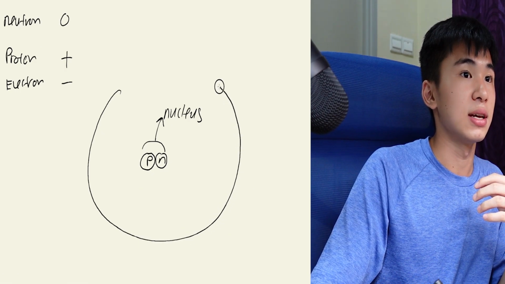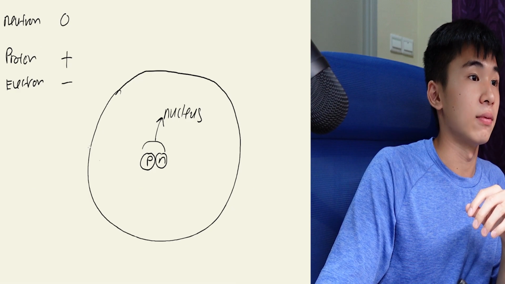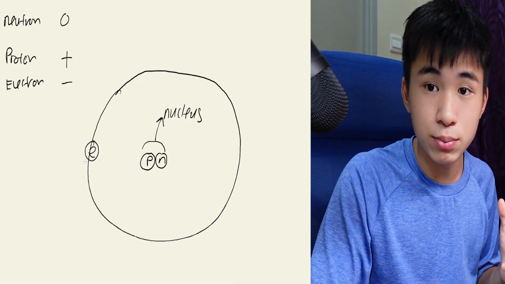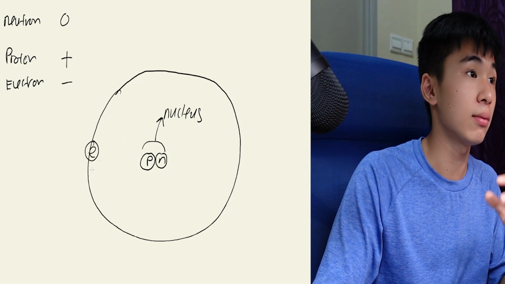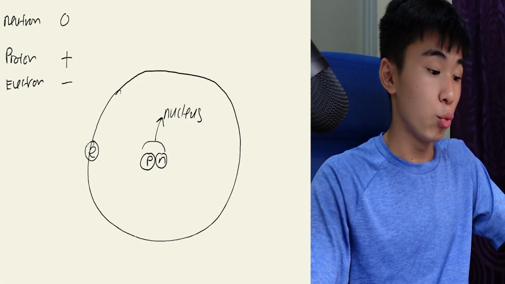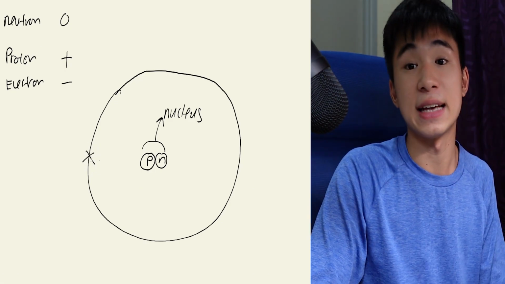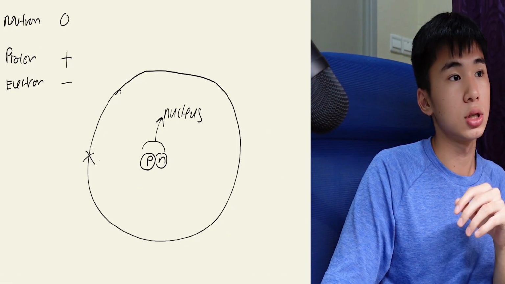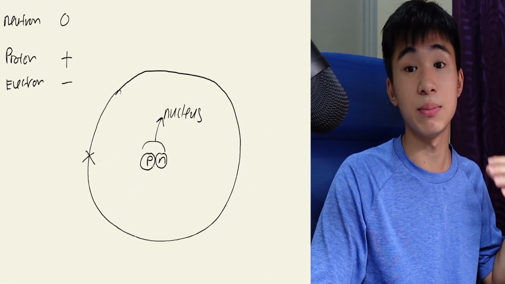So this is a large circle, which we call the orbit, and this is an electron. Mostly in our textbooks, we do not draw E to represent the electron. We usually draw it as a cross, which makes our life easier and simpler. So this is what an atom looks like, just the simplest drawing of it.